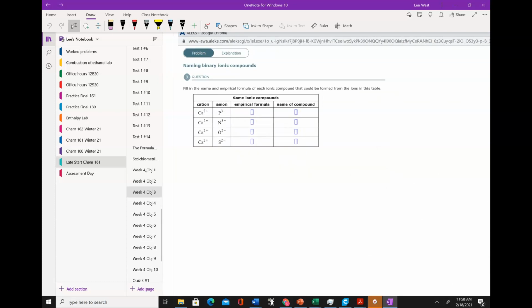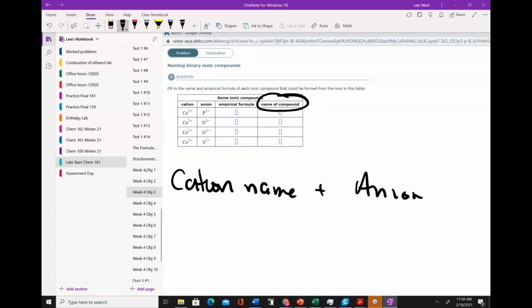Naming binary ionic compounds, we have to give the formula and then we have to give the name. So what I suggest doing is giving the name first. So how do we give the name? We write the cation name and then we give the anion name.